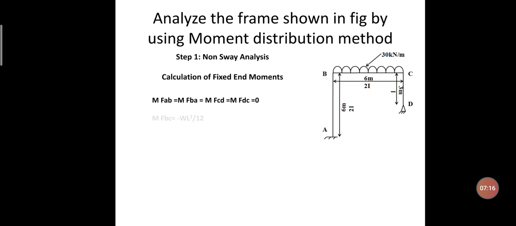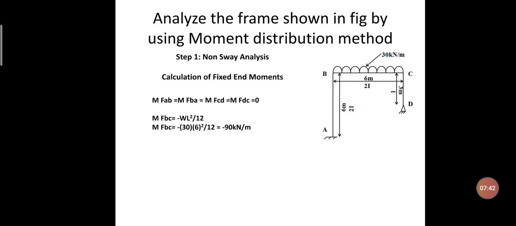Next is the calculation of fixed end moments for span BC. MFBC is equal to minus WL square by 12 since it is loaded with a uniformly distributed load, and I am going from the left side of the span, so it is an anti-clockwise movement, therefore it is a negative value.